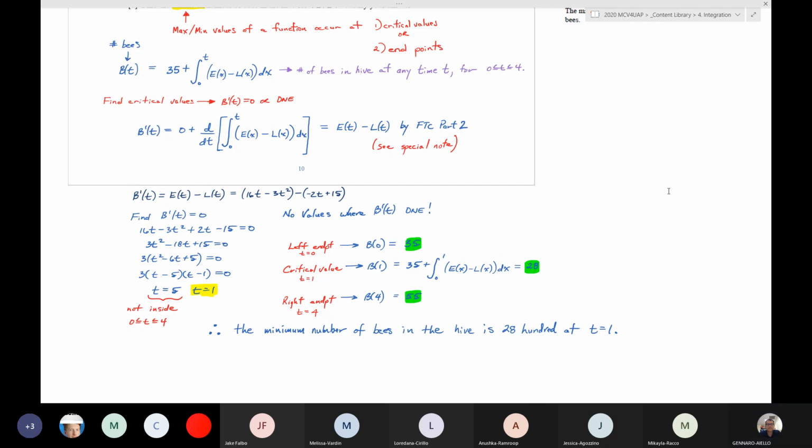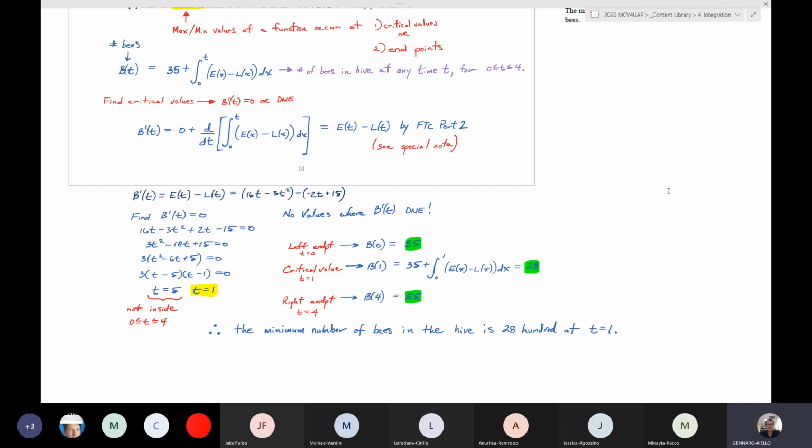Okay, you can see the math there. Just collect like terms. I can factor out a 3, and then I can factor that quadratic, and I get 3 times t minus 5 multiplied by t minus 1 equals 0, which means that t either equals 5 or t equals 1.